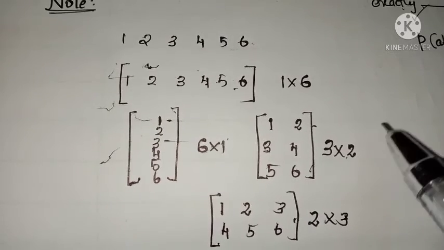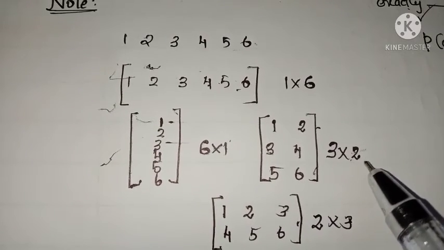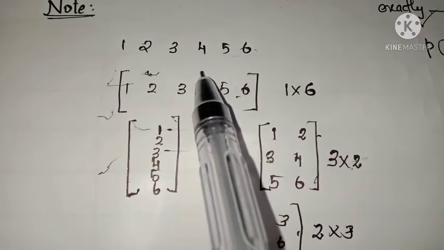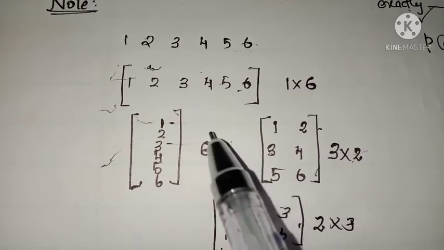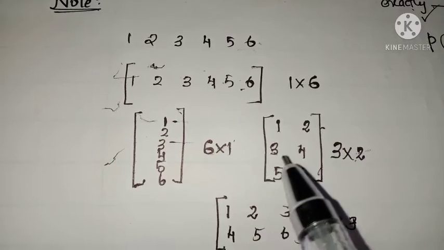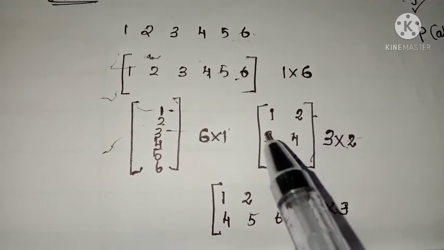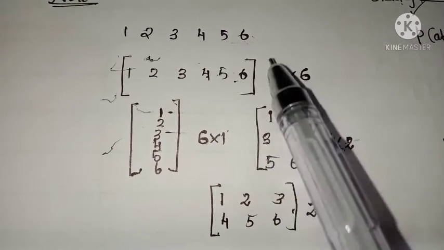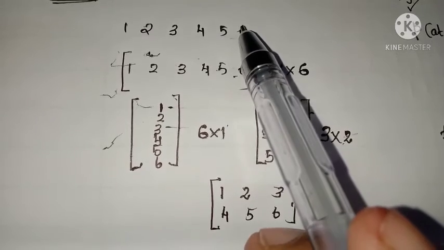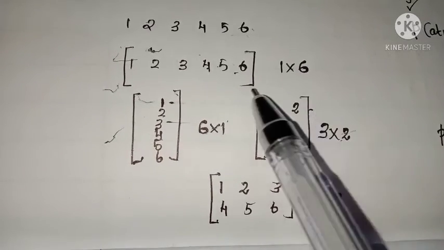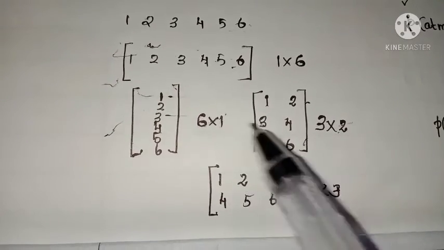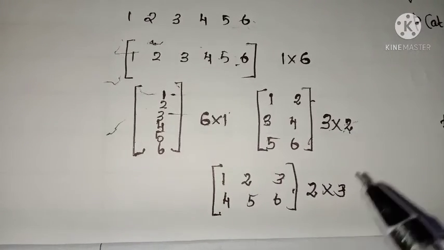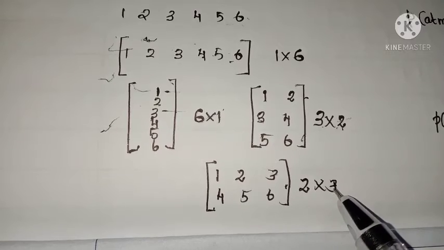Suppose there is a one-word question asking, if a matrix has 6 elements, what are the possible orders it can have? Suppose there is a question like this, you can answer that these 6 elements can be written in the form of a 1 by 6 matrix, or 6 by 1 matrix, or 3 by 2 matrix, or 2 by 3 matrix.